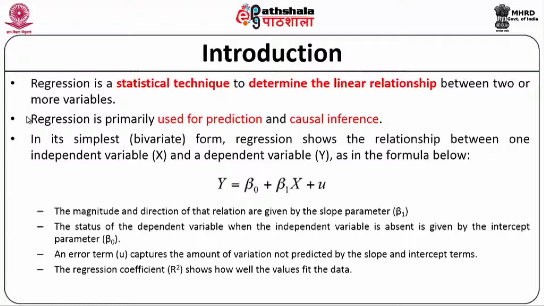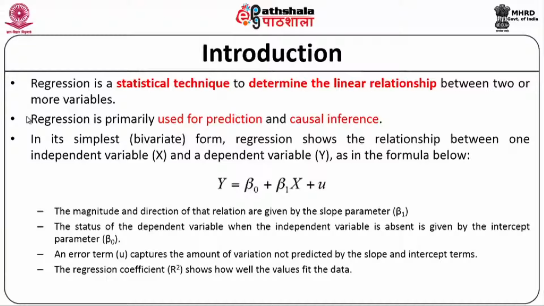Apart from x, we have other constants like β0 and β1. The magnitude and direction of the relation is given by the slope parameter, which is indicated by the β1 value. β0 is the intercept parameter. This intercept parameter helps us understand the status of the dependent variable when the independent variable is absent. And the last parameter, u, is fundamentally an error component.